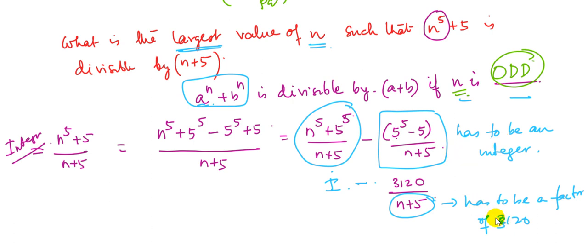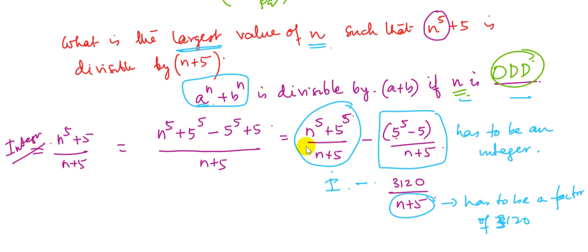Correct? Yes. So for example, if n is 5, then the denominator becomes 10, and that is a factor. Similarly, if n is 15, the denominator becomes 20, that is a factor of this.